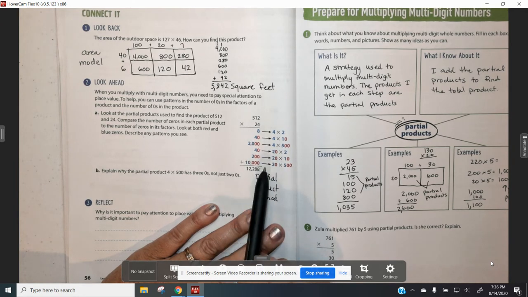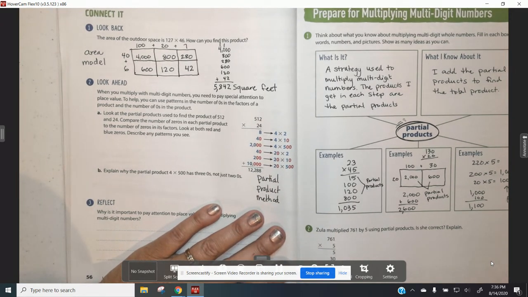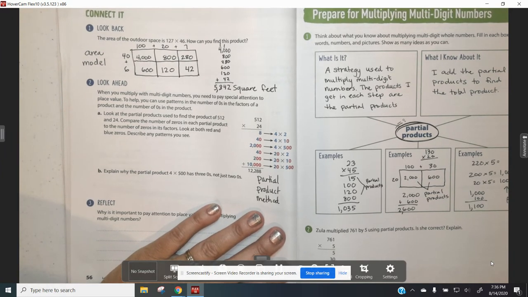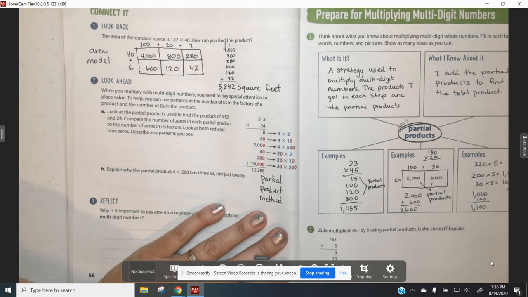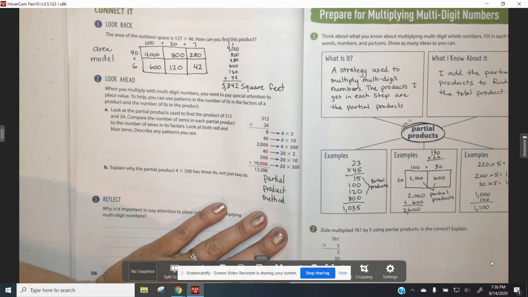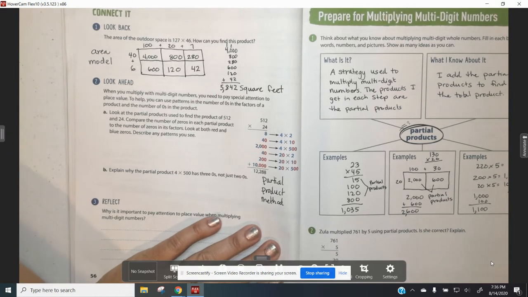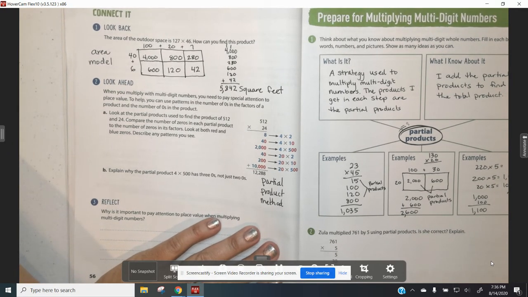I want you to describe any patterns that you see. Go ahead and pause the video and describe any patterns you see. If you haven't paused your video, make sure you pause it and write down an answer and then come back.